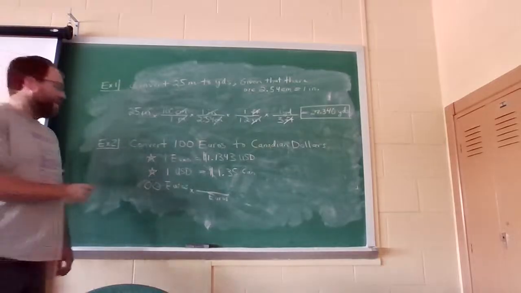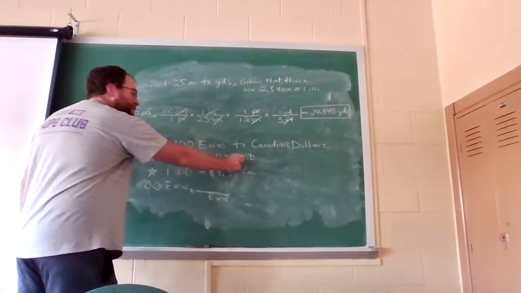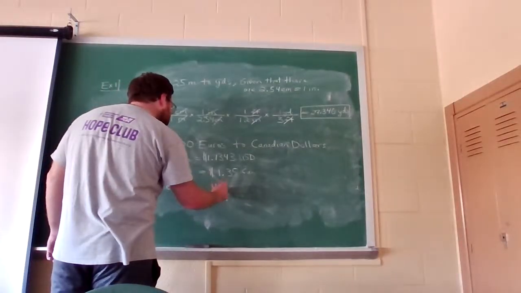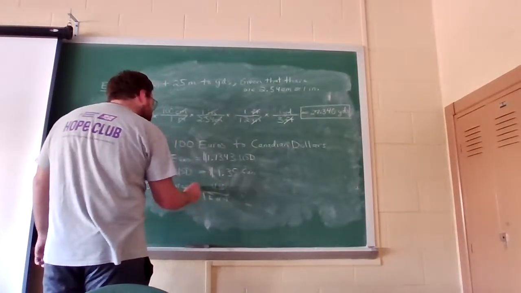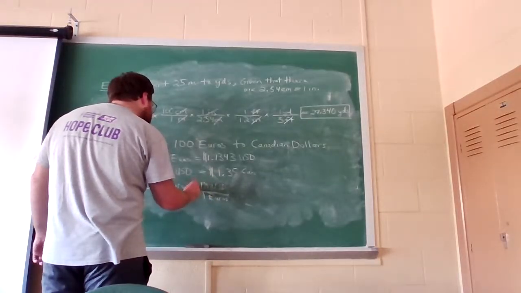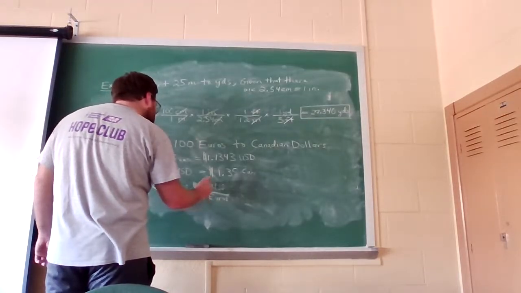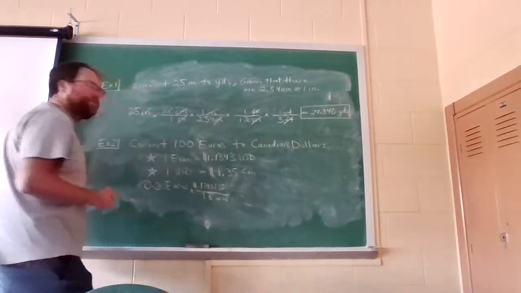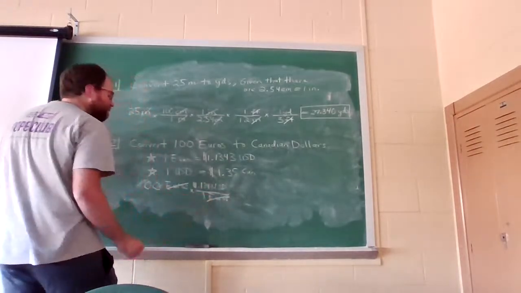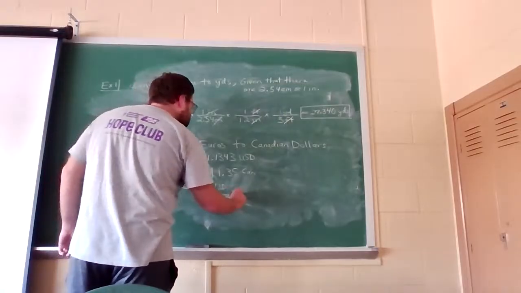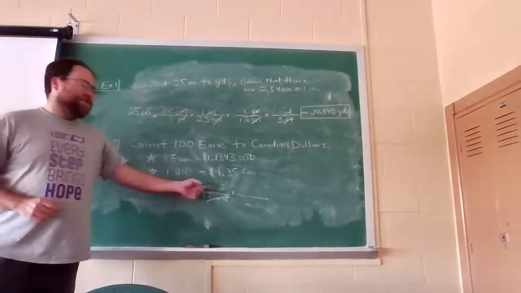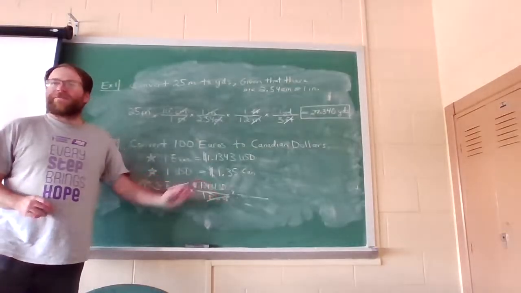Yep, euros to US dollars based on that conversion there. 1 euro, 1.1343 US dollars. Euros then go away. So now our answer is in terms of US dollars.